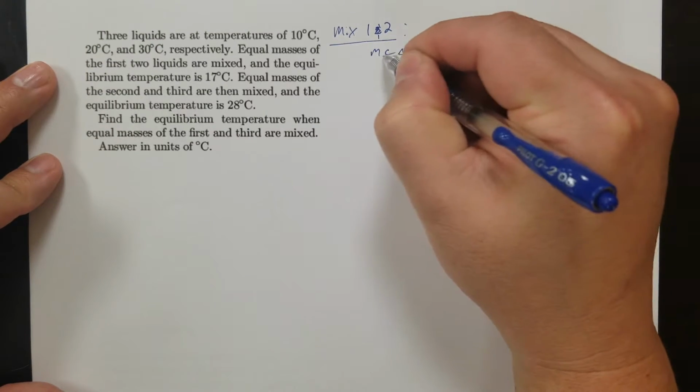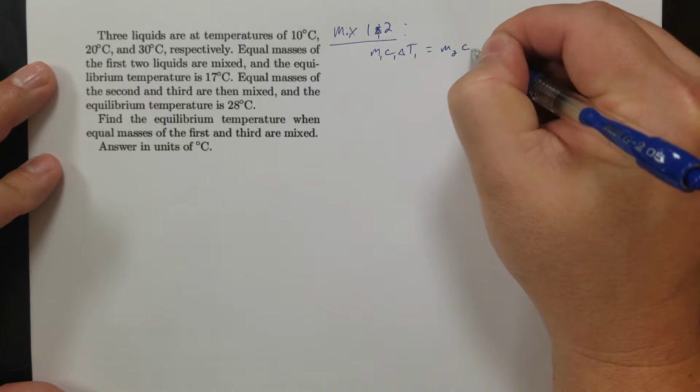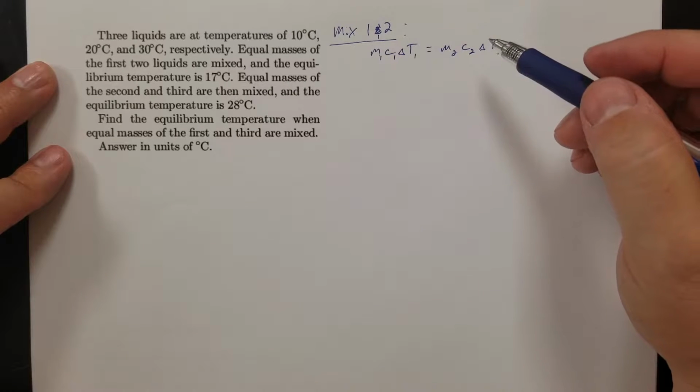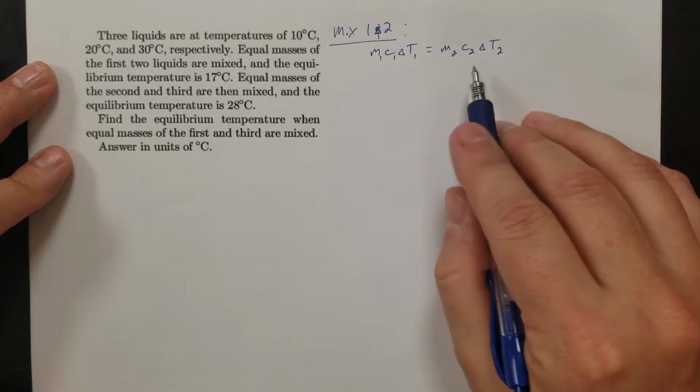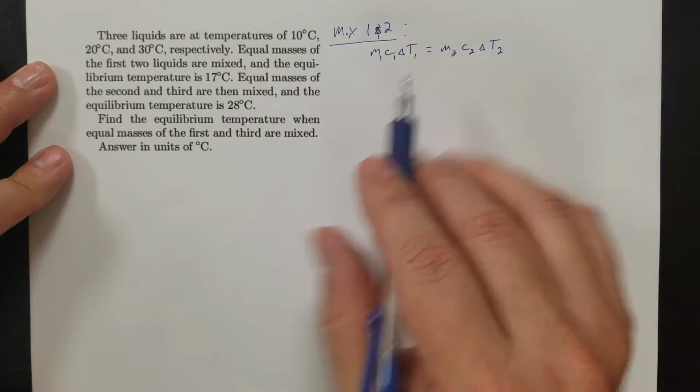MC delta T, M1 C1 delta T1 equals M2 C2 delta T2, right? Okay, so that means if I want C, let's solve for C2. Let's get everything in terms of C1.